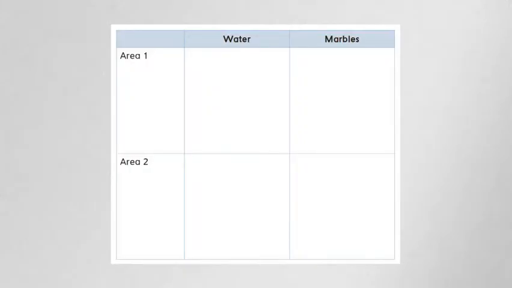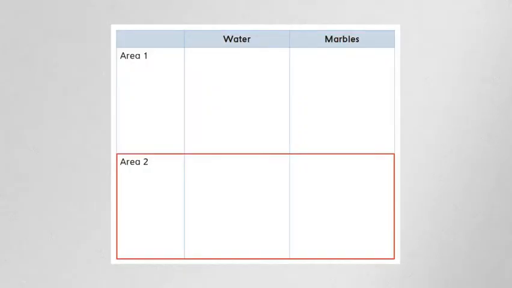In your data table, record your observations for Area 2. Remember to include your observations for both the marbles and the water. Let's watch that video one more time.